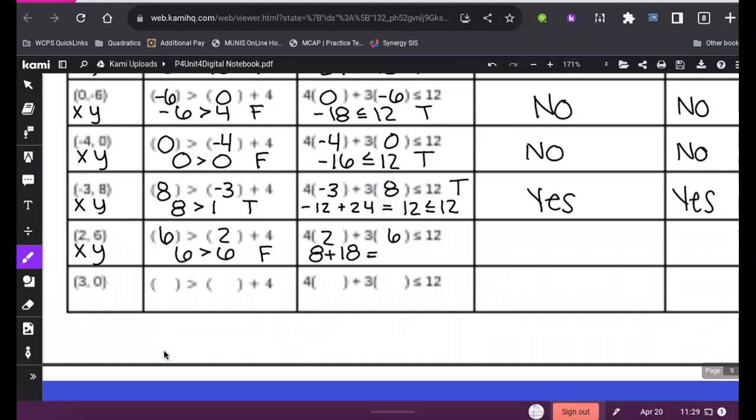So 8 plus 18 is 26. But 26 is not less than or equal to 12. So that one is also false. 2 falses. It does not satisfy either of the inequalities, which means no, it is not a solution. So the only time it's a solution is if it satisfies both inequalities, and both inequalities are true.